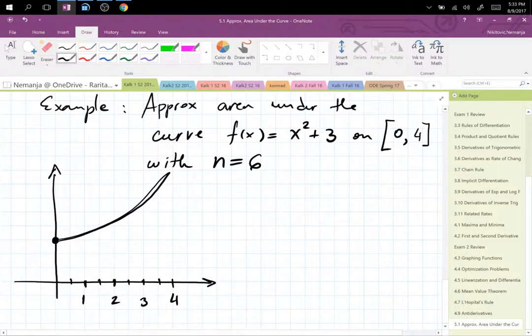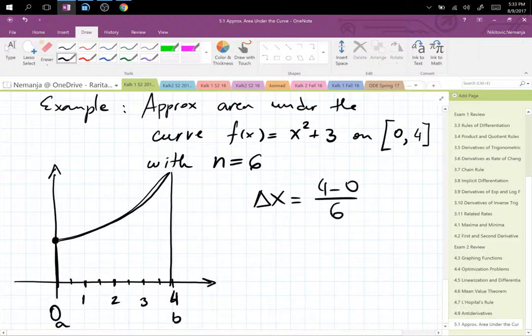Draw big, right? So here's the 0 and here's the 4. So those are my a and b. How much is delta x? Delta x is 4 minus 0 over 6, which is 2/3. So I get to draw a rectangle at every 2/3.